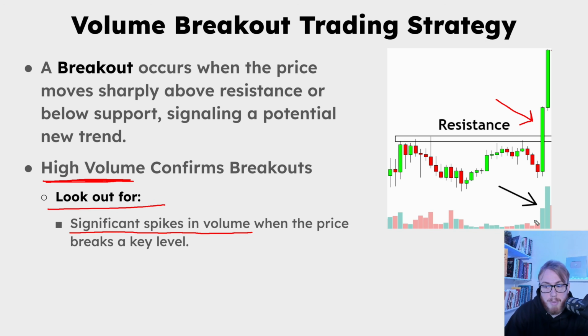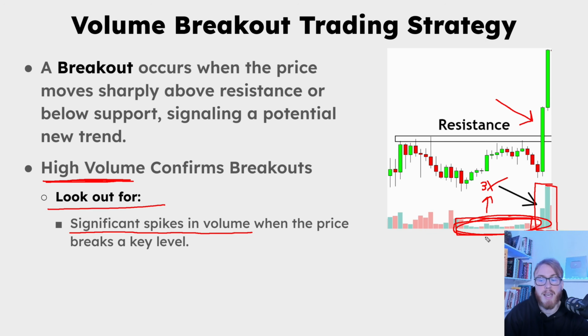To be more precise, it's easy to say just look out for high volume bars. But to be precise, what we want to see is that the volume bars here should be much longer compared to the previous volume bars. As a rule of thumb for breakouts, you can look out for volume bars that are at least 3 times the size of the previous volume bars.